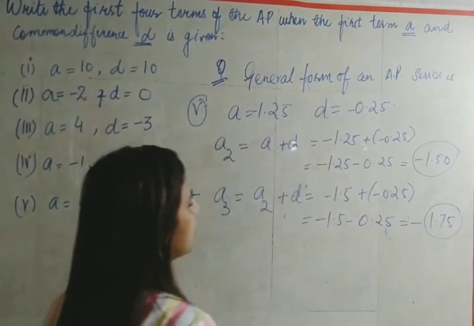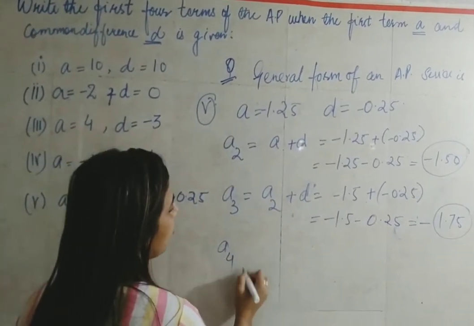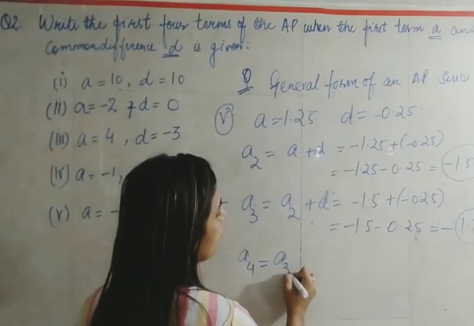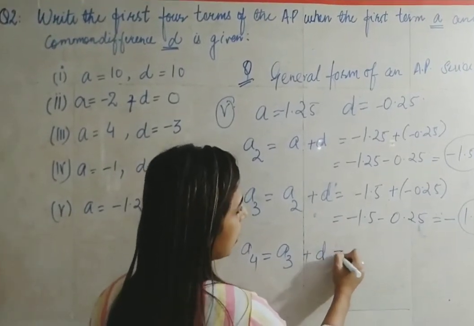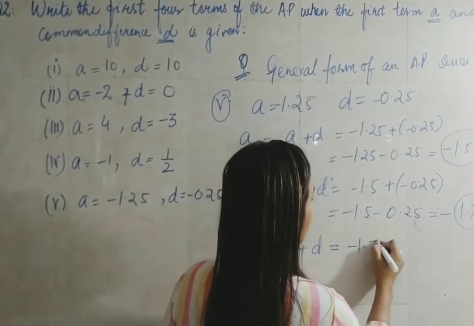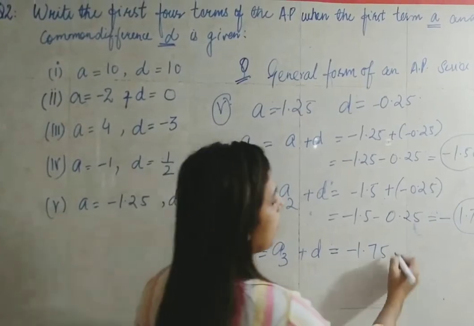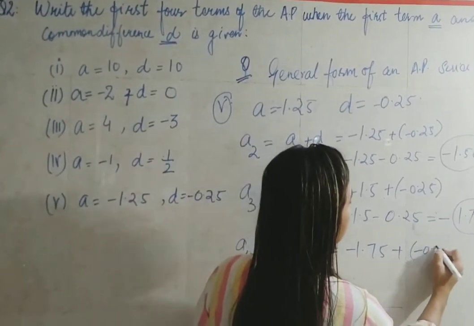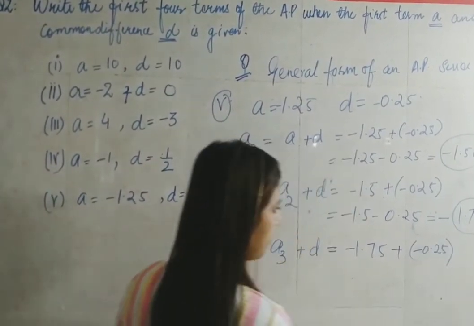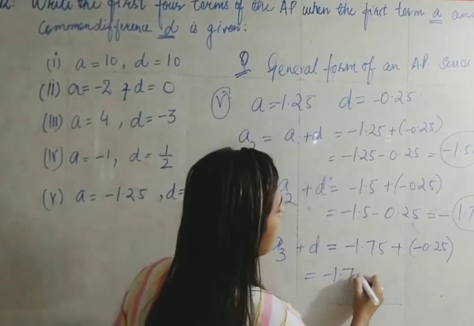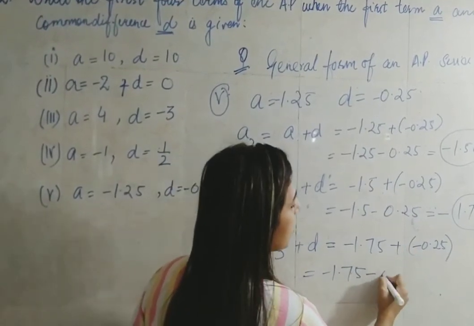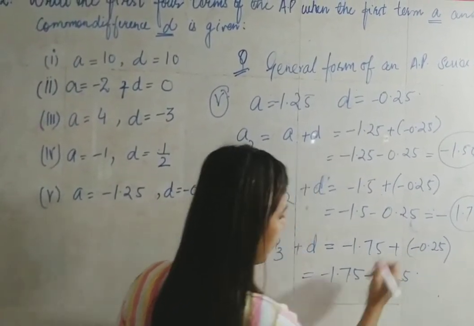minus 1.75. Now let's find out A4, which will be equal to A3 plus D. Here A3 is minus 1.75 plus our D is minus 0.25. Minus 1.75 plus minus 0.25.